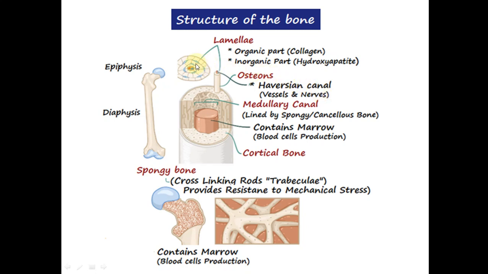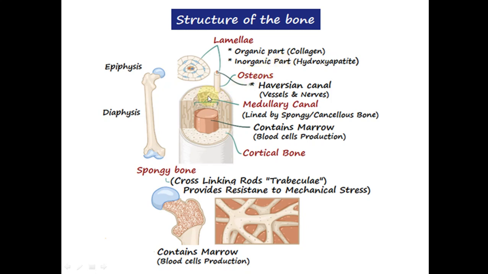The lamellar part of the bone, as we said, is composed of an organic part, which contains collagen and mucopolysaccharides, and the collagen is type 1 collagen. It also contains hydroxyapatite, which is the inorganic part and mainly consists of calcium phosphate and other minerals.